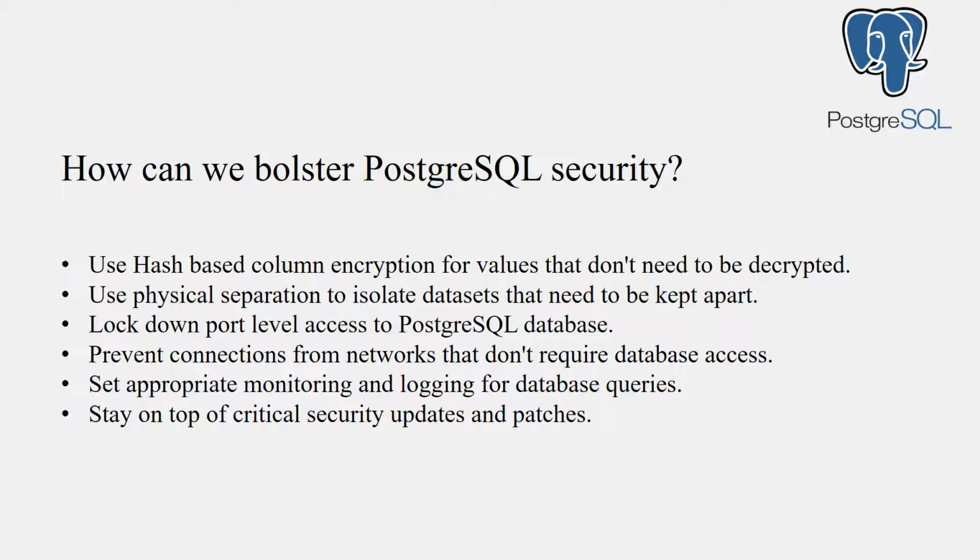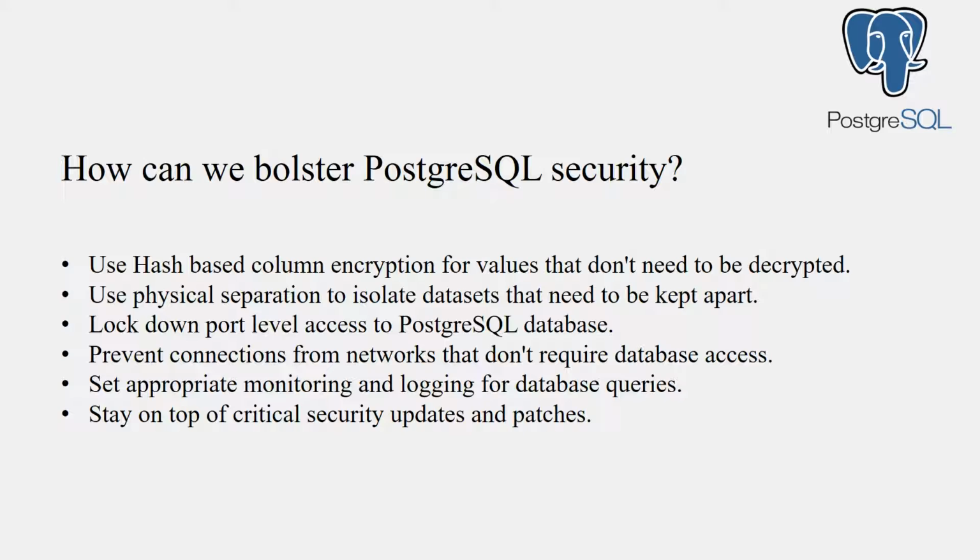For values that only need to be checked for a match, such as passwords, use one-way encryption for an added layer of security. Use physical separation to isolate data sets that need to be kept apart. By separating the databases, you ensure that the data in two tables cannot be accessed or viewed simultaneously.